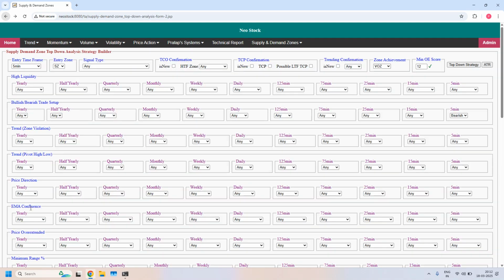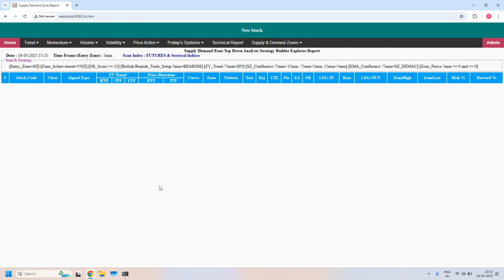Let's verify. In the EMA confluence, at 75 minutes time frame, we are checking 75 minute supply zone having daily EMA confluence, and the trend at 75 minutes time frame should be downtrend but not sideways. So with these filters, we did not get any stocks.